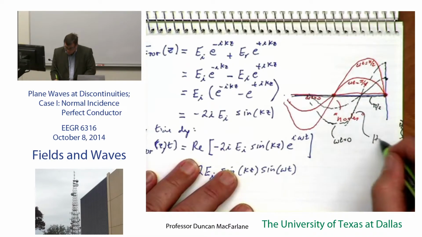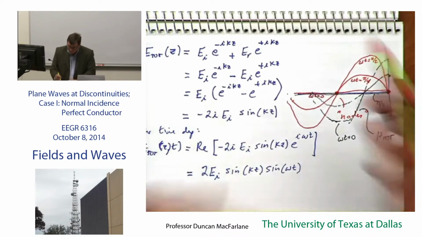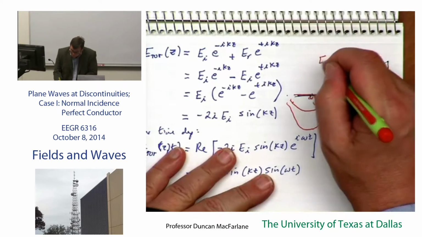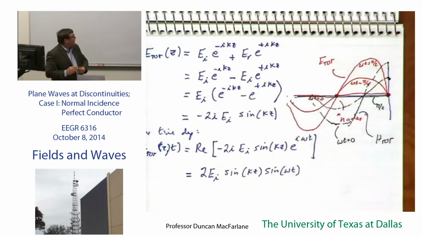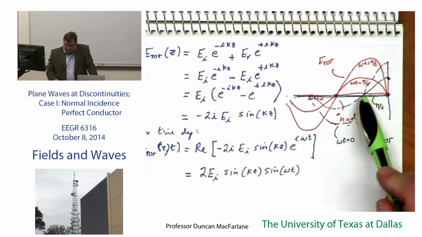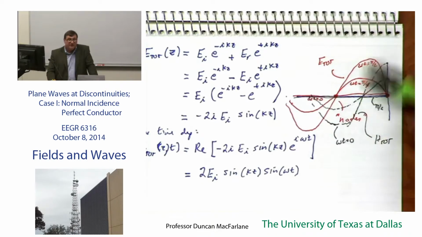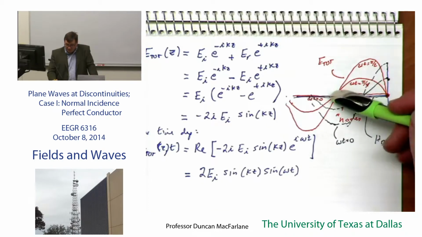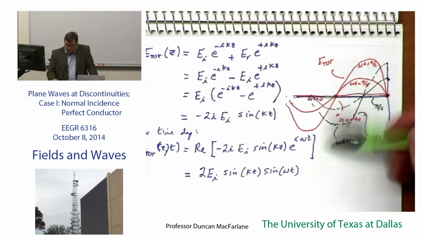So here's H total, and the red is E total. And it's noteworthy that where H is 0, those nodes, it's all E. And where E is 0, it's all H.